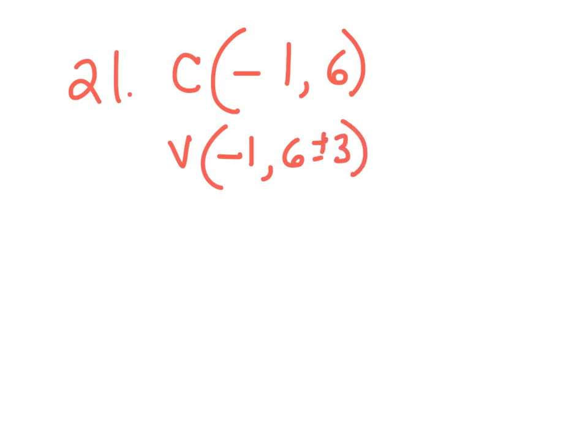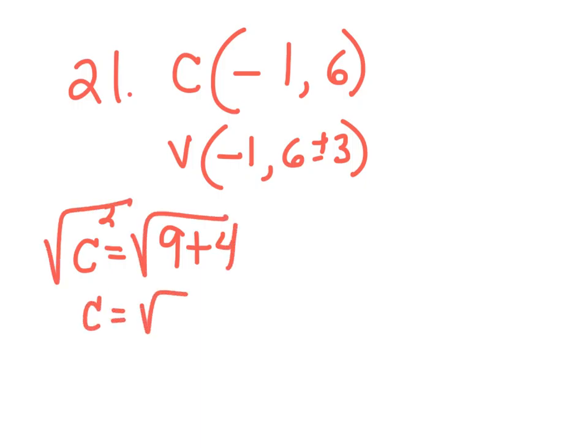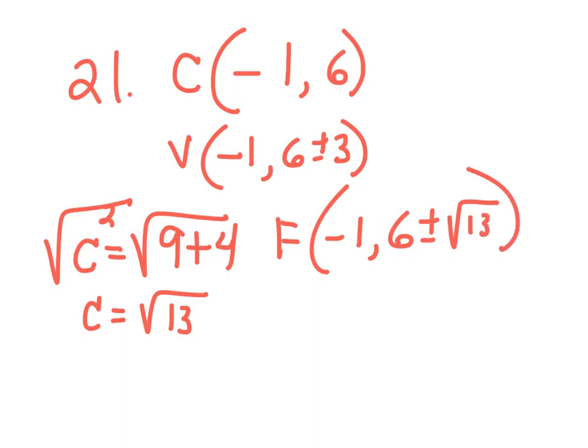And then what about the foci? What is C? Isn't it C squared, the sum of the A squared and the B squared? And that is 9 plus 4. So C is the square root of 13. So the foci would be (-1, 6 plus minus the square root of 13). And the asymptote, what's going to be the asymptote?